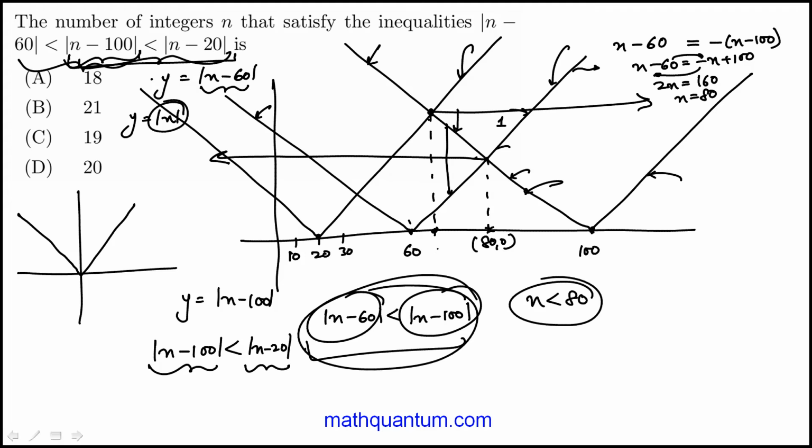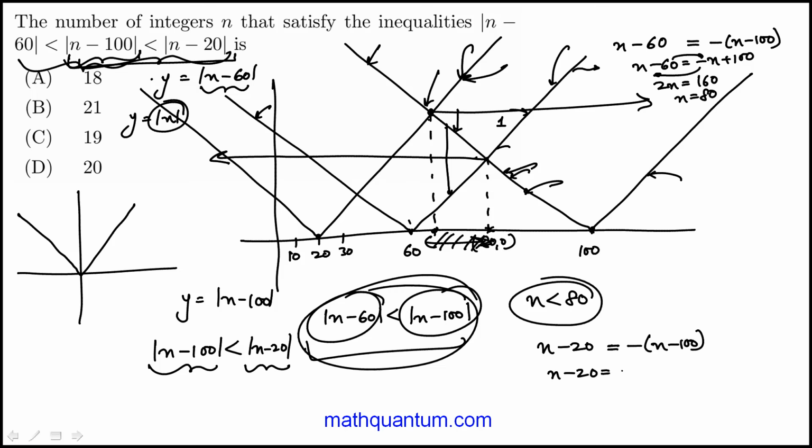So we can see that the solution will be between those two points where they intersect. So the next thing I need to do is find that intersection. And this right arm, the positive arm of absolute value n minus 20, would be y equals n minus 20. And I'm equating that again with the negative slope part here.